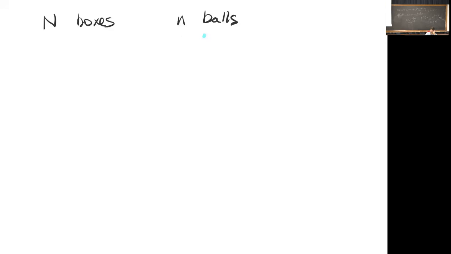And by ordered here, we mean that wherever these n balls are, they must be all in the same box. Maybe they're here, or maybe they're here, but wherever they are, they are together. So this is what we call an ordered configuration. This is an ordered state.